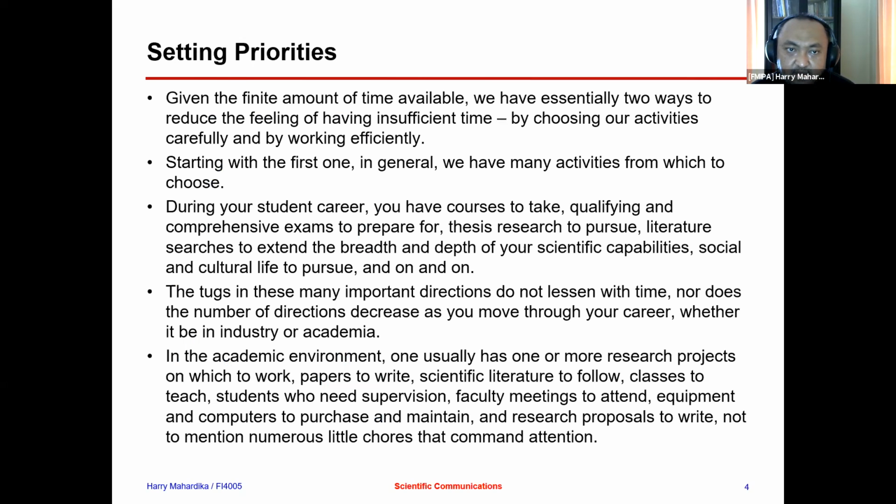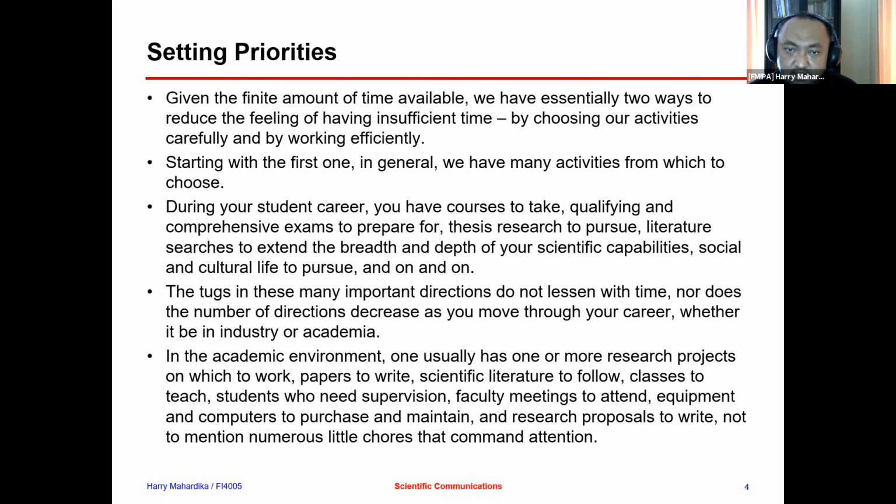Given a finite amount of time available, your research is practically for a year, because if you exceed a year of your senior final project work, it means you will consume more credits, and then you must pay more tuition, and so on. We have essentially two ways to reduce the feeling of having insufficient time: by choosing our activities carefully and by working efficiently.